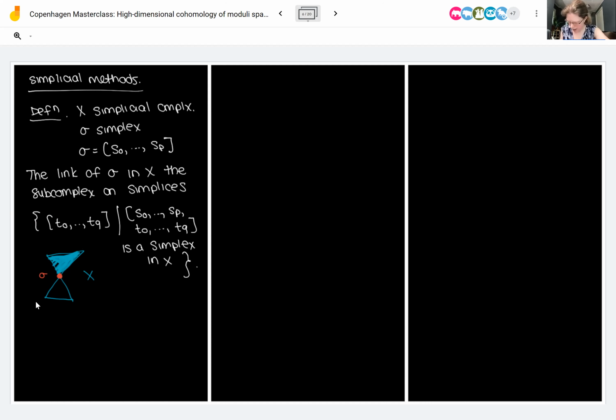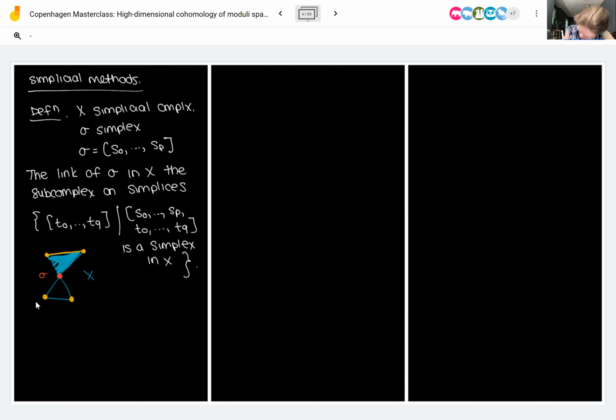Well, I look at sigma, I look at all of the simplices that contain sigma, and then I take the subsimplex opposite sigma in that simplex. So here, the link is going to be, in this case, the union of this line and this pair of vertices. Okay, great. That's a link.